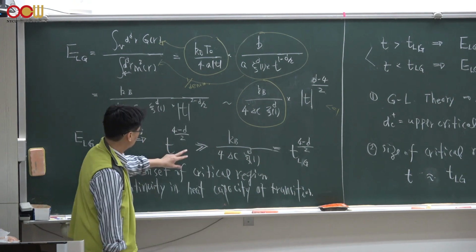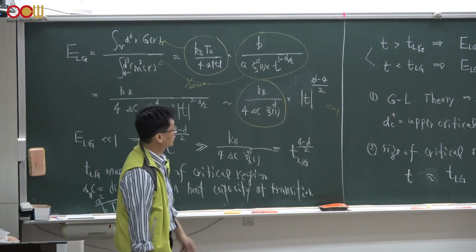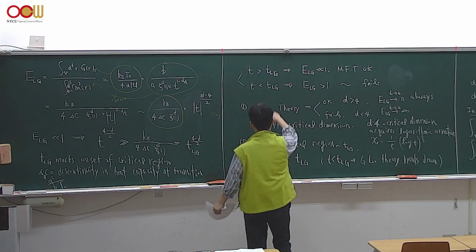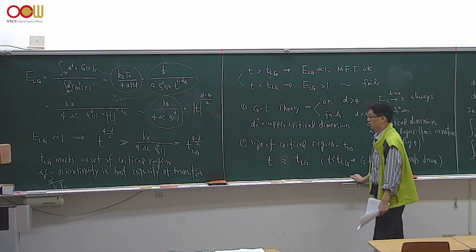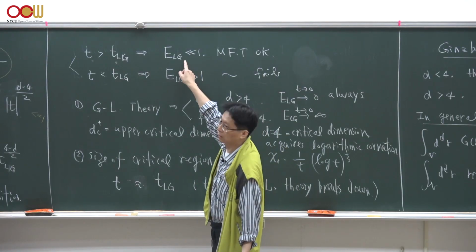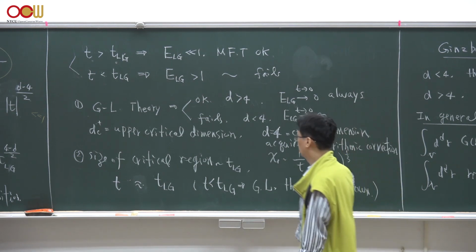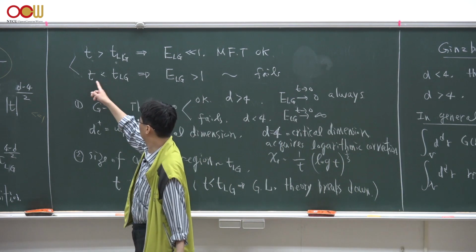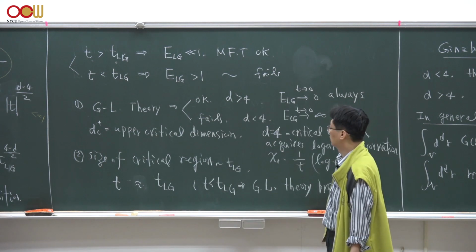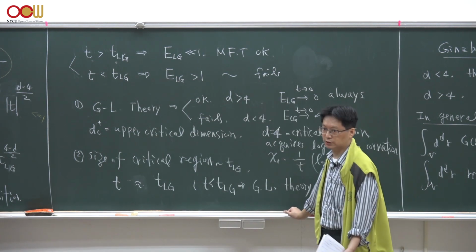Because if you compare these two quantities, you can easily see that when this little t is larger than this criterion, the onset of the critical region, then the error bar is small. So mean field theory is okay. But if, on the other hand, this little t is too small compared to this t Ginzburg-Landau, then the error bar is large, and mean field theory fails.